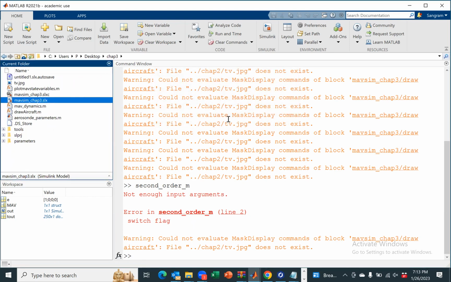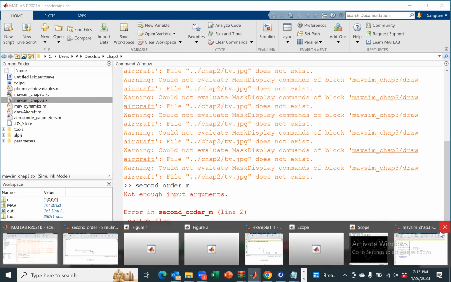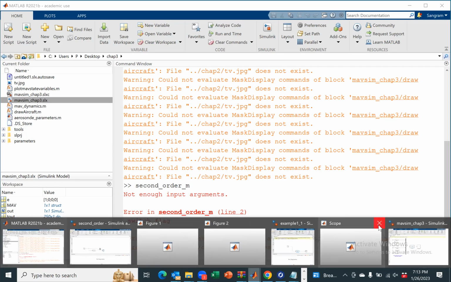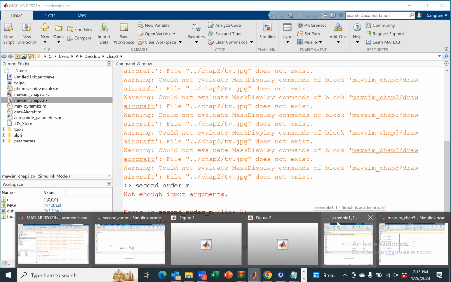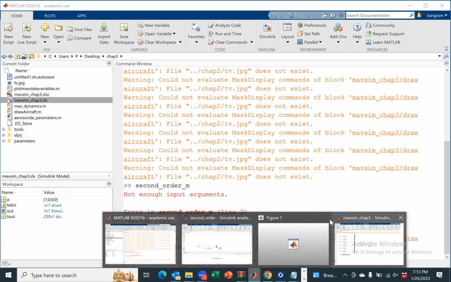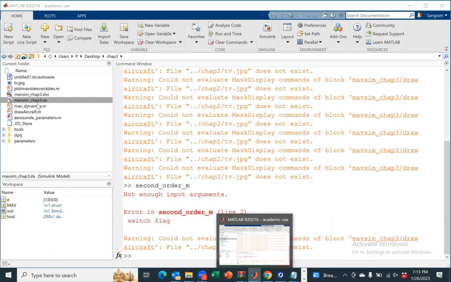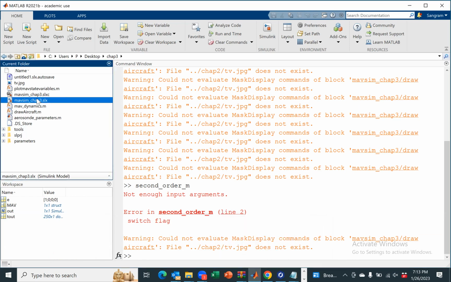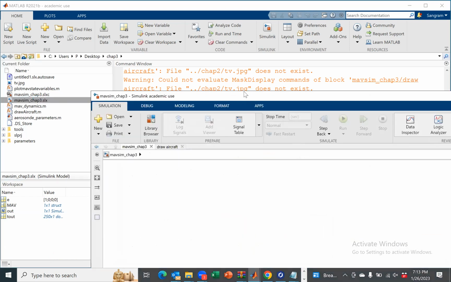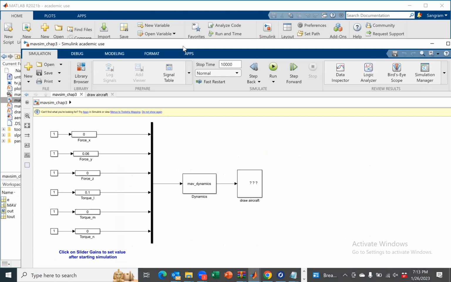Oh, yeah, because there is already a Simulink file. So I need to close all this. So please understand, this is the same solution.